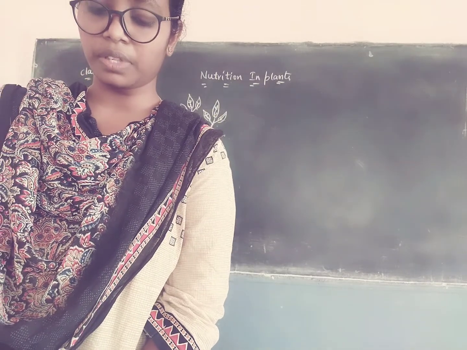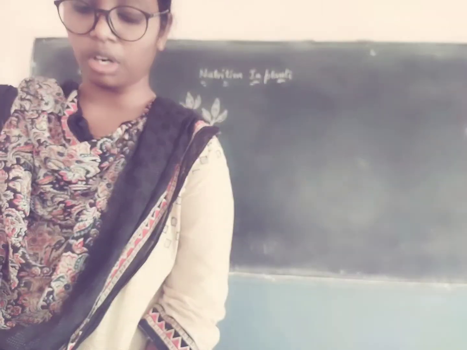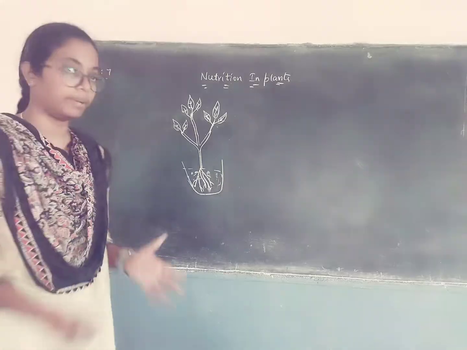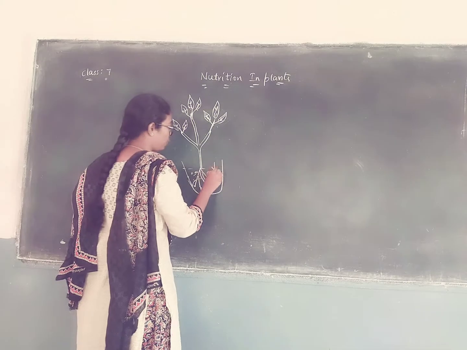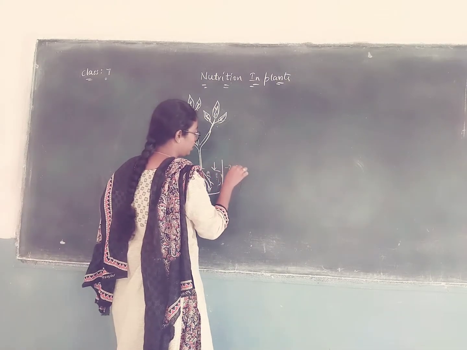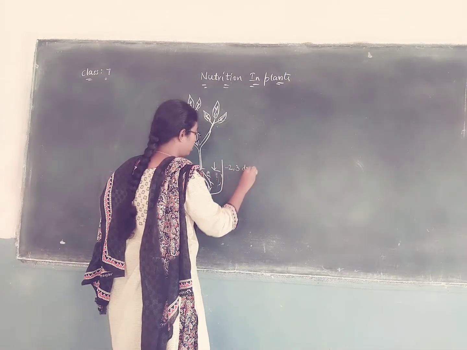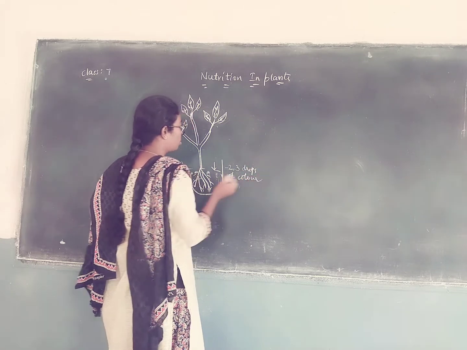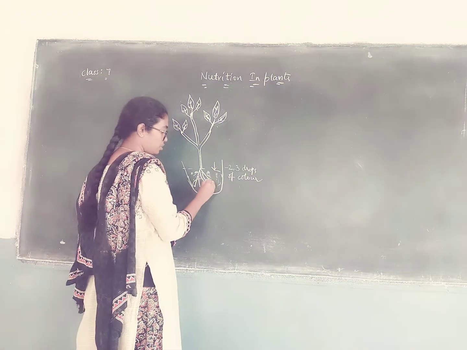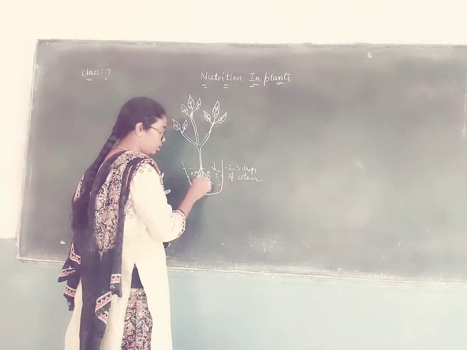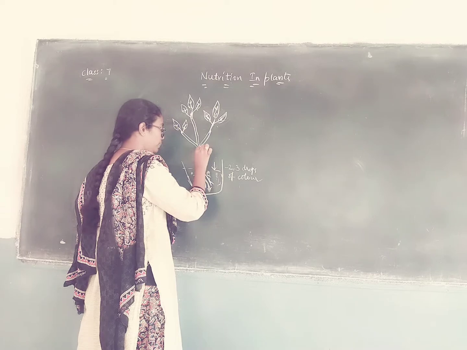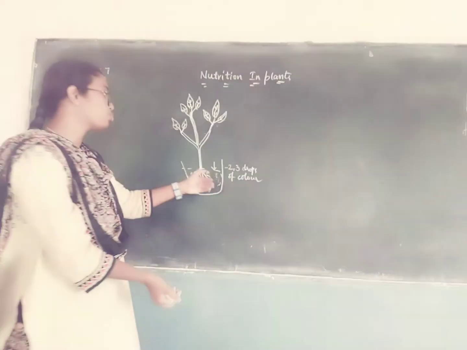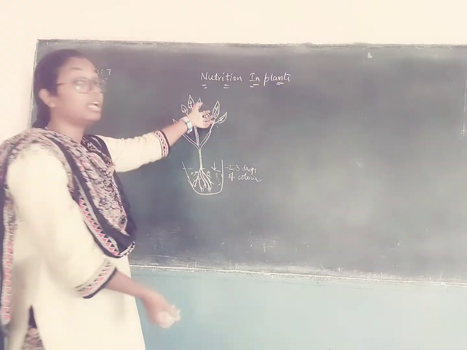On the basis of this experiment, what conclusion can you draw about the function of the root and the stem in the nutrition of plants? I have put water and dropped some color, 2 to 3 drops of red color. These root hairs will absorb the red colored water, and we will be able to see how the water is transported from the roots to the stems and from the stems to the leaves.